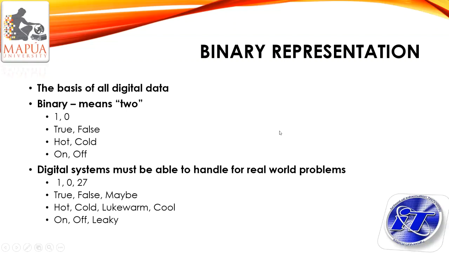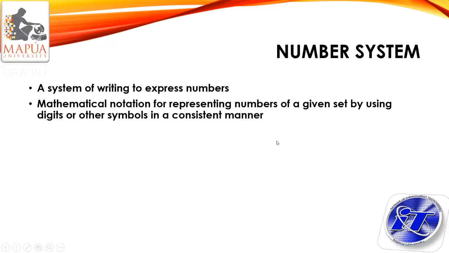So in this video lecture, we're going to focus on the number system used in digital system. So that's binary representation, again, representation of data in digital system. Now let's move on with number system.